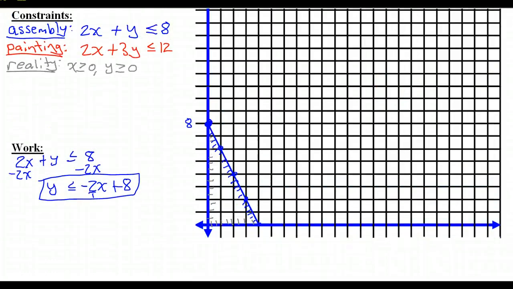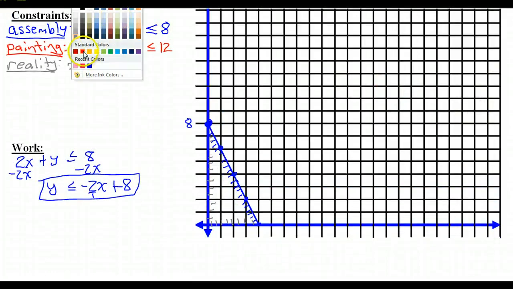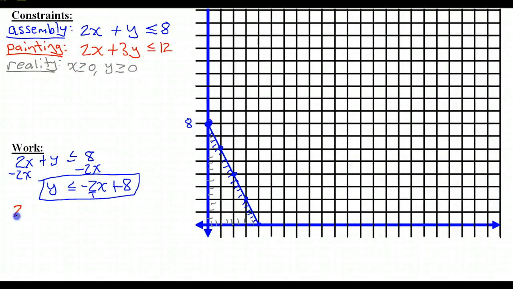Let's look at the next constraint, the painting constraint, which goes 2x plus 3y is less than or equal to 12. If you subtract 2x from both sides, that's going to give me 3y is less than or equal to negative 2x plus 12.